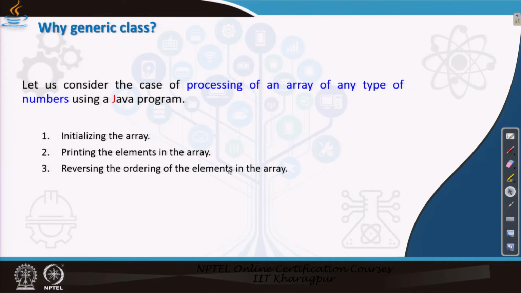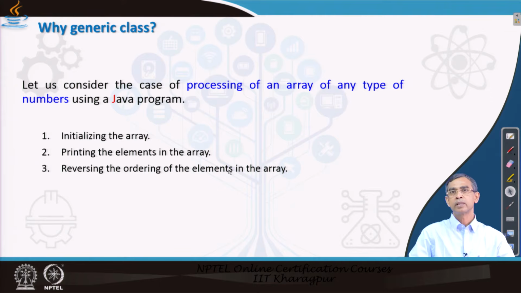Now, let us first have the idea about the concept of a generic class. The concept is that if we can define a class, that is a program, and if the class is generic, this means that it can hold any type of data in it. First, let us explain this concept with an example.